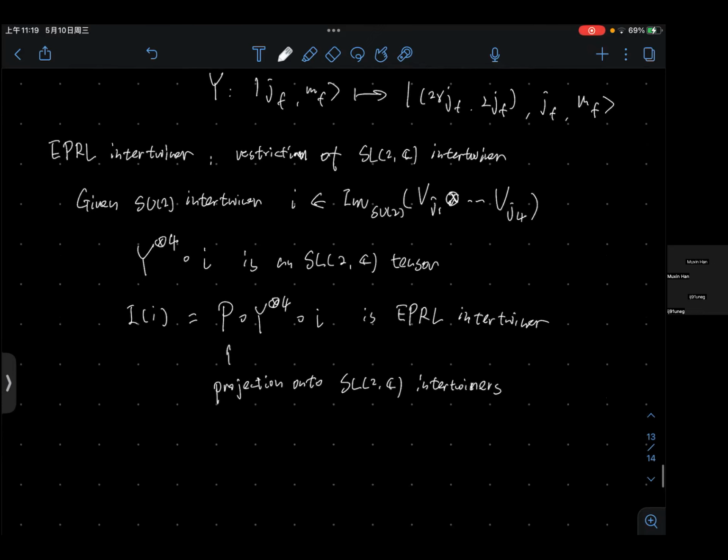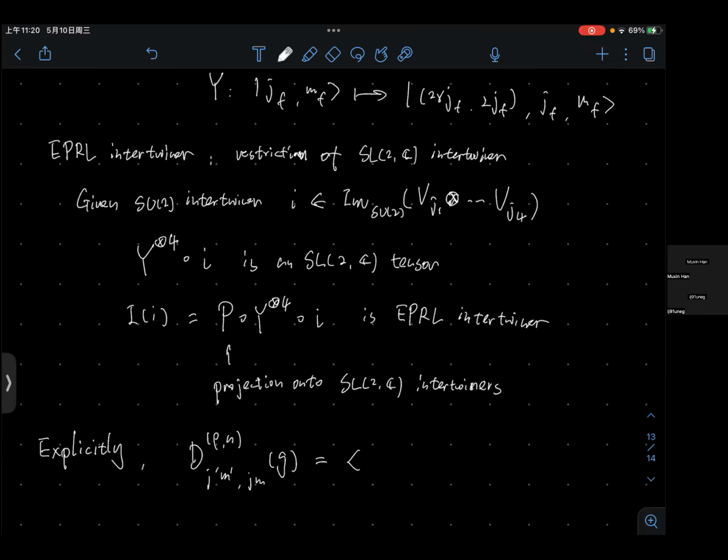Now we can write this intertwiner in a more explicit formula. I will try to make it more and more explicit for this construction. Let's write this intertwiner in terms of the SL2C Wigner D matrix. So what is the D matrix? It's just a representation matrix or representation operator, an infinite dimensional representation matrix, because now the representation is infinite dimensional.